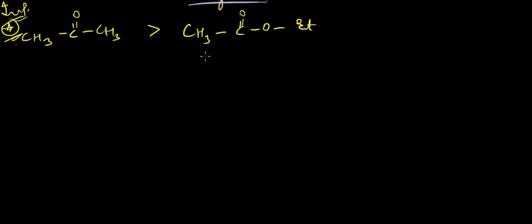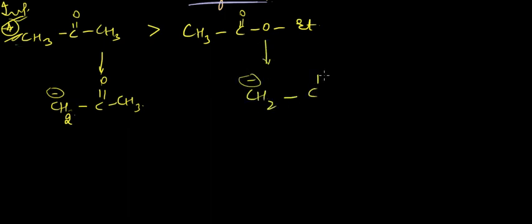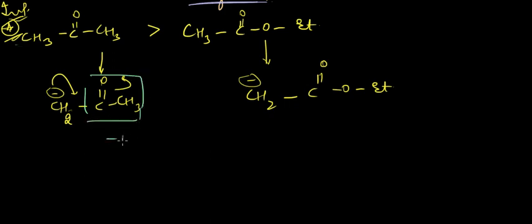Why? Because in the conjugate base, these pi electrons are involved in resonance, as you can see here. So this acts as a minus M group. It increases the acidic strength.